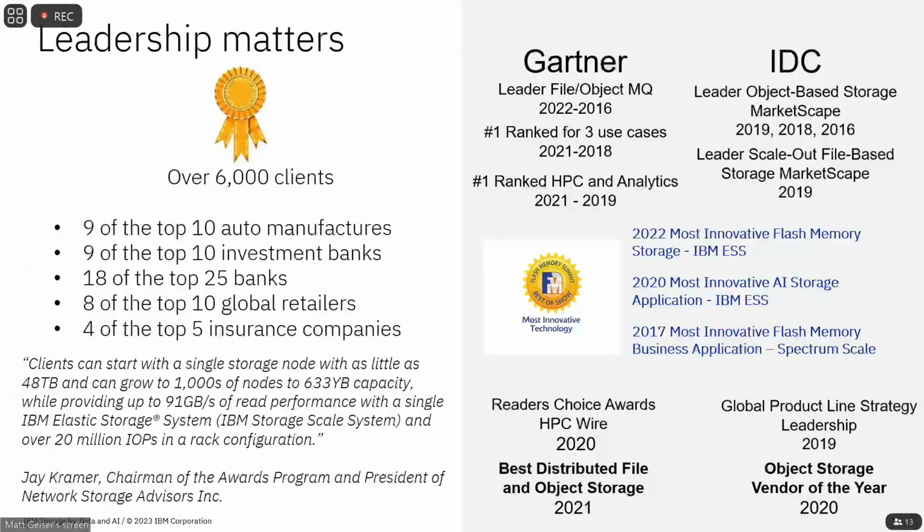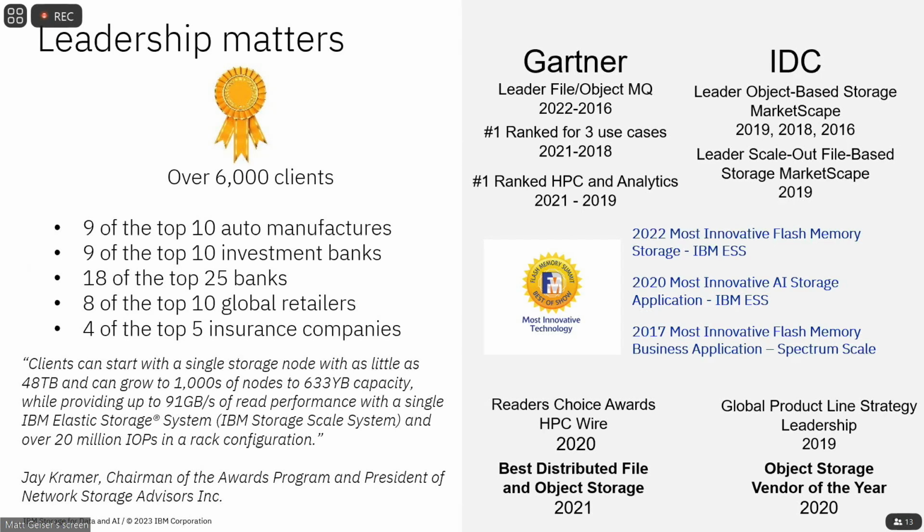Last chart here of content. We have a significant number of clients. The top organizations in the world in many industries are using IBM Storage Scale. You can see we have over 6,000 clients worldwide. Many of the top auto manufacturers, banks, retailers, and so forth are using this solution in their environment.